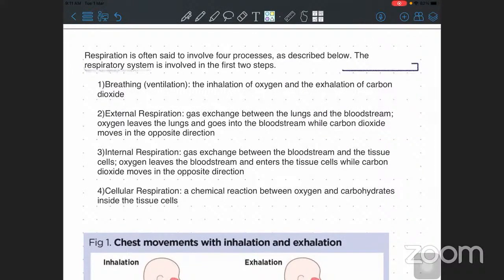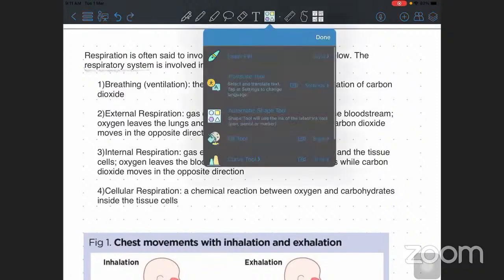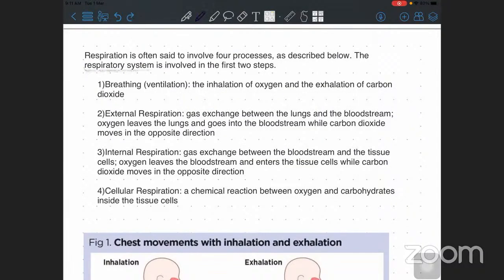Cannot do. Okay, so this one is wrong. This one should be breathing.